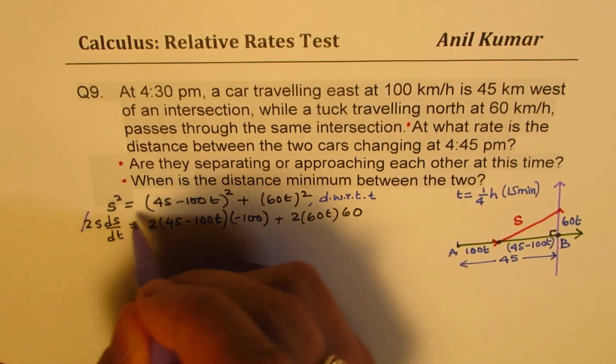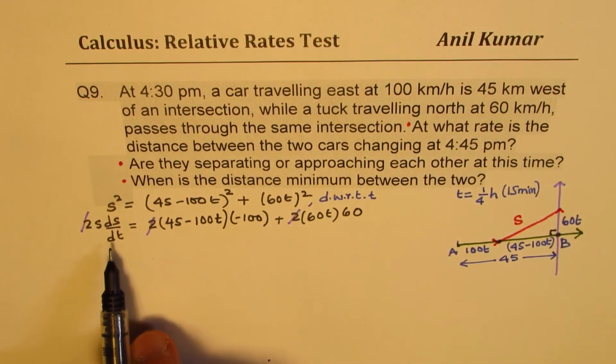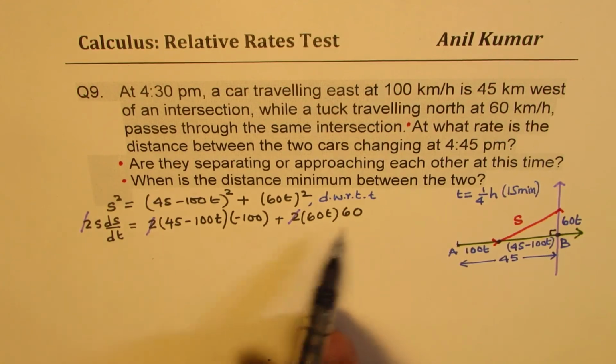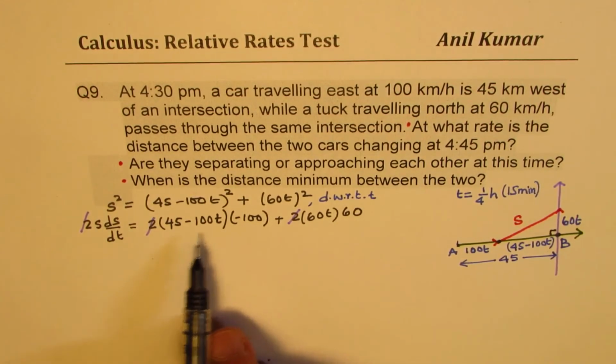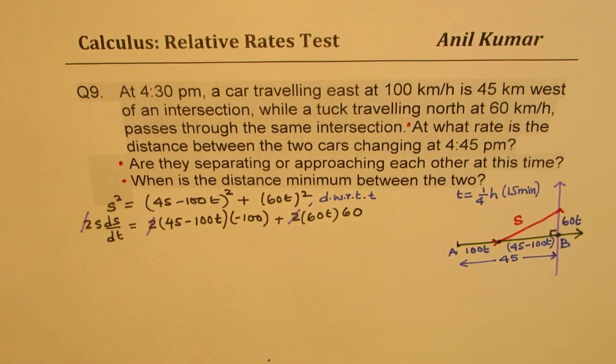You can simplify this by cancelling these 2's. Now, to find the minimum distance, let's first find the time when the distance is minimum. This derivative should be 0, right? That is one thing. But to find the rate of change, which is part 1, we can straight away substitute the values here.